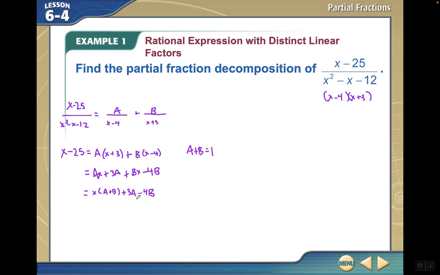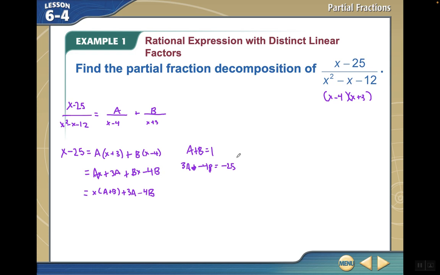And 3A minus 4B should have to equal negative 25. So I'm going to write that down. Whoops, I meant minus. Whatever. Okay, that's so messy, I can't even handle it.